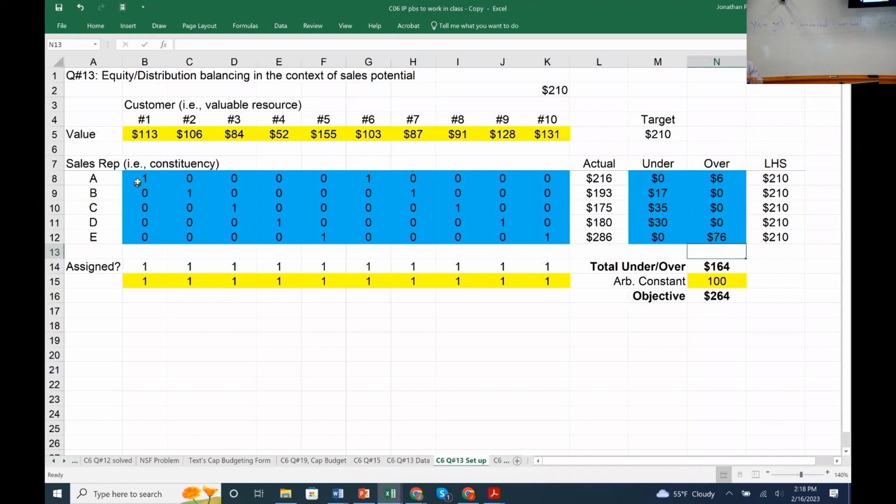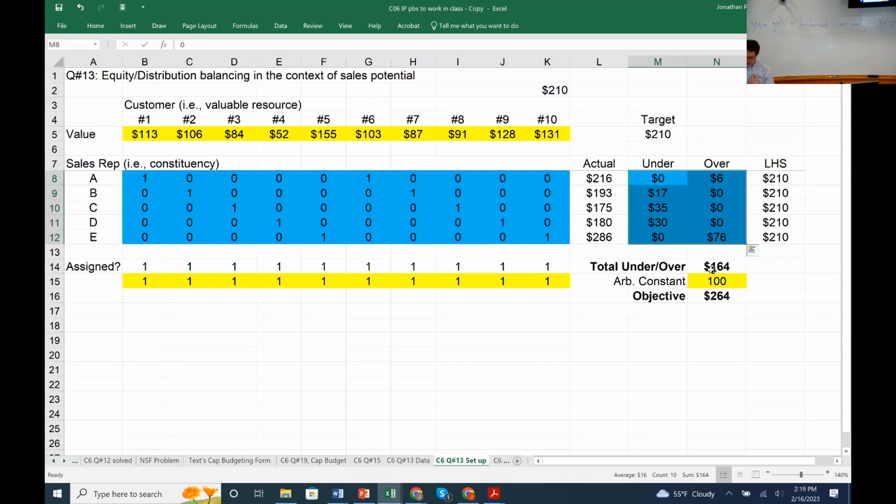So the main thing it's going to do is try out different X vectors to find what X vector is best. But because of the constraint that says all of these must equal 210, it's going to be forced to constantly fill in those under and over variables to capture the underage and the overage.